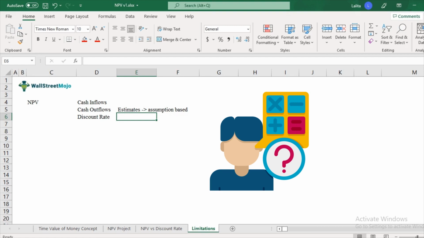Likewise, when you think of cash inflows, you are talking about the revenues which you are going to earn after year 1, year 2, year 3, likewise. And your estimates might go wrong. Your assumptions could be from 30% to 50% to 100%, and maybe in year 1 you just did 10%. So again, you're just estimating it, assumption based.